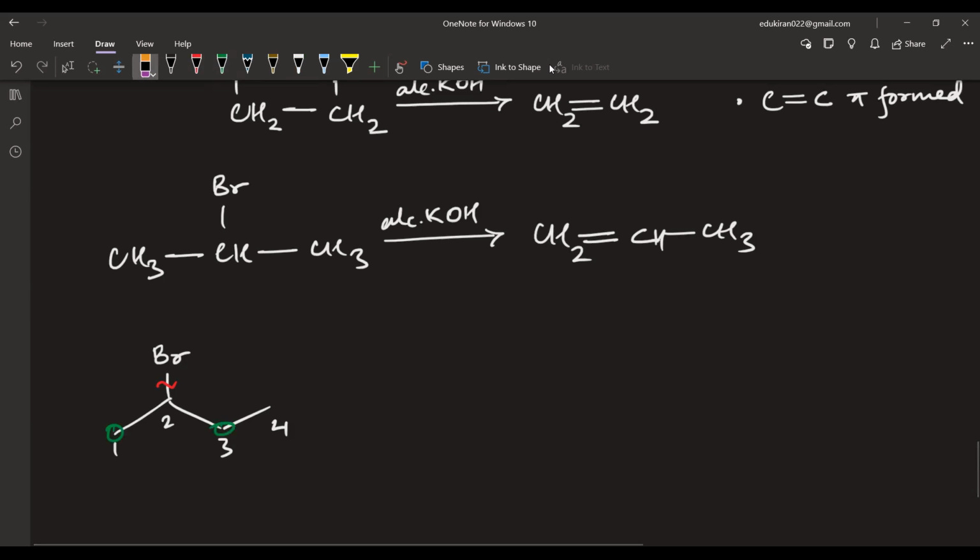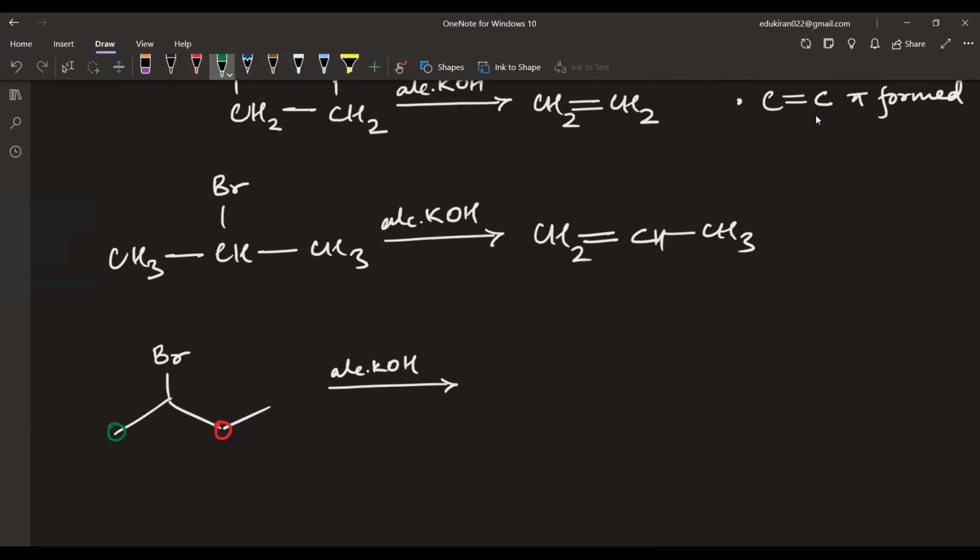So now what you will remember, I'll draw the product, the major product. The reason we will give in the next class, it is the Saytzeff rule again. If I treat this with alcoholic KOH, then it can make two products. Either it can have a double bond with this carbon atom, or it can have a double bond with this carbon atom. So I will make both the products.